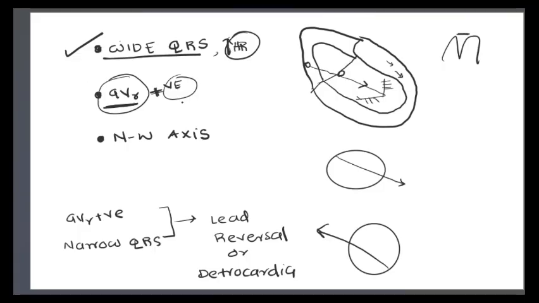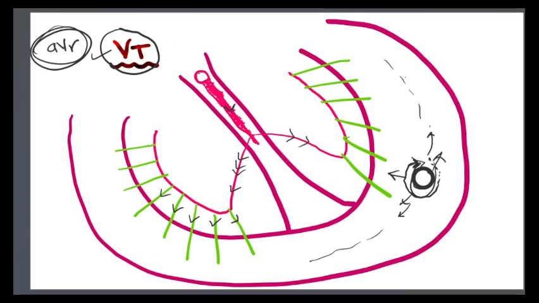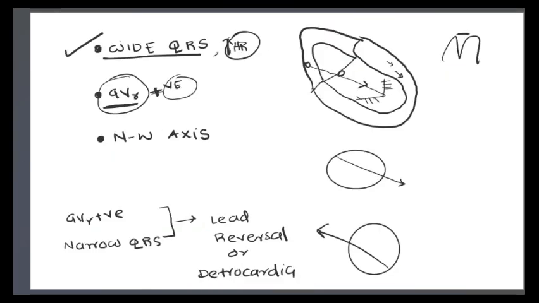Now about axis. See, this is the ventricular ectopic, firing in this direction. Usually, let me show, this is the usual thing. Here is the SA node and it fires, so it usually lies in the normal axis.